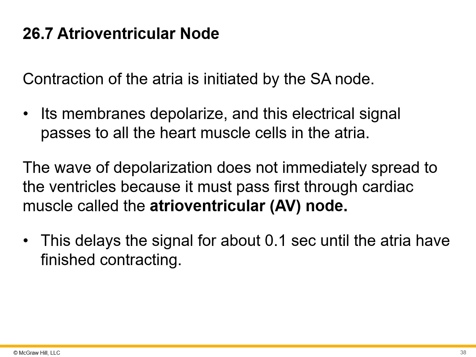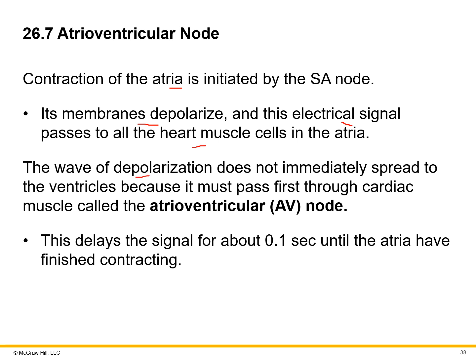And then the AV, or the atrioventricular node. The contraction of the atria is initiated by the SA. So again, the membranes depolarize. We'll come back more to this when we talk about the nervous system. But this electrical signal passes to all the heart muscles in the atria.